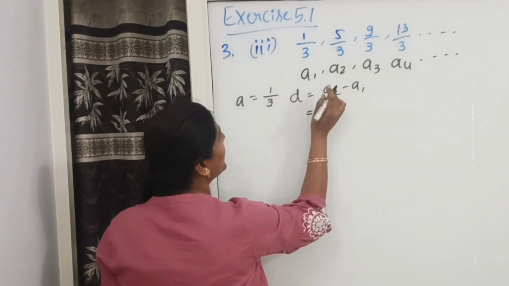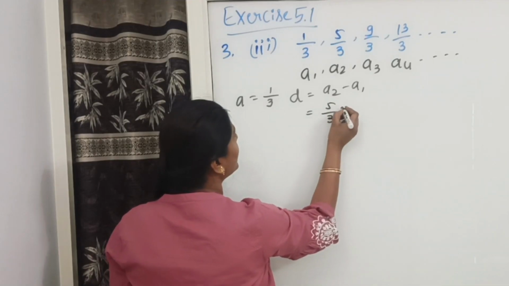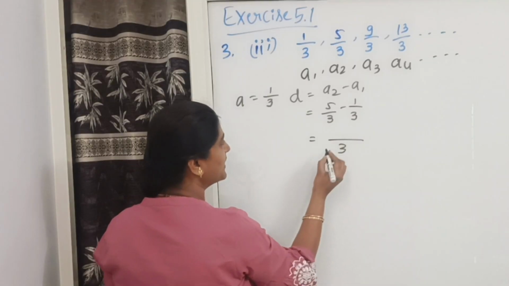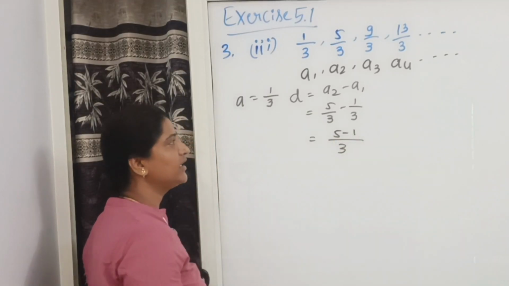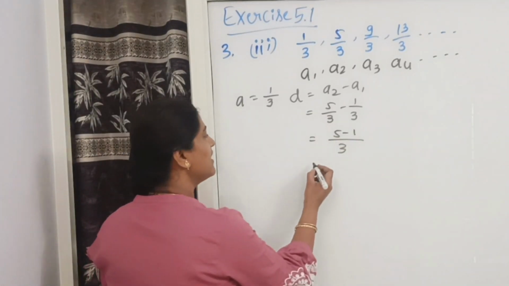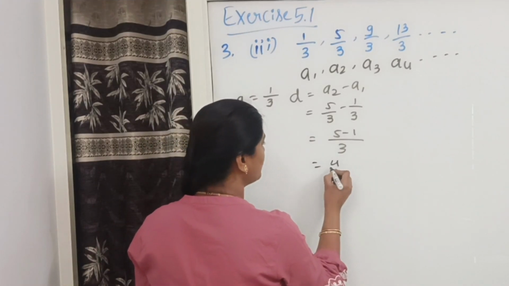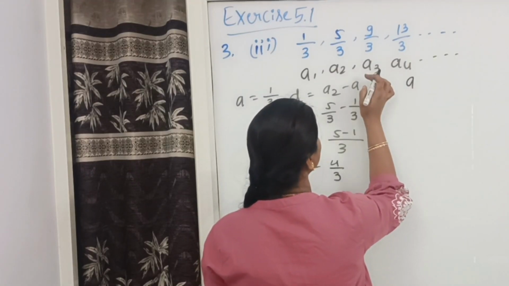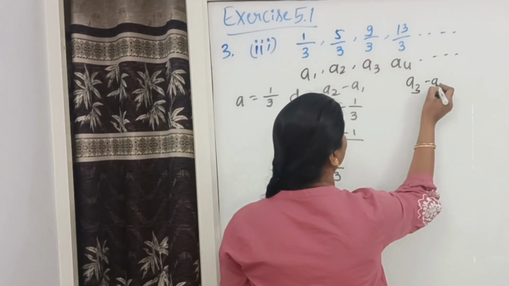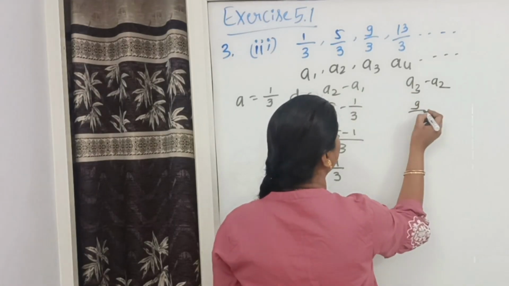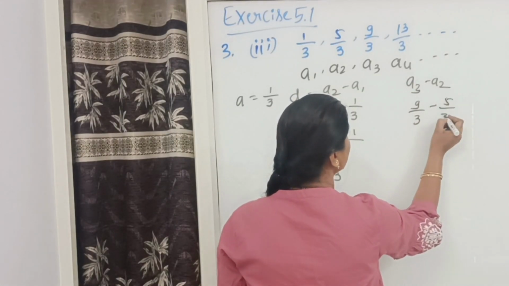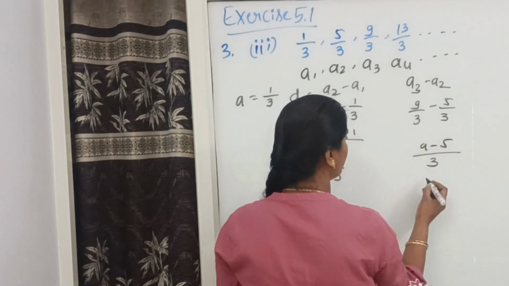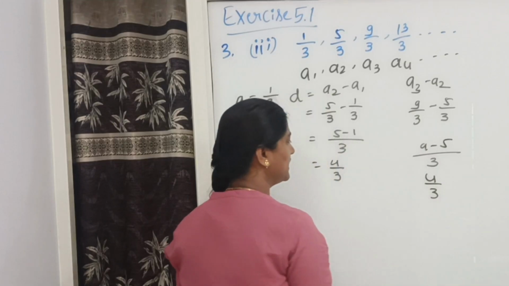How will you find the successive difference? A2 minus A1: 5 by 3 minus 1 by 3. If the denominator is the same, take it as common. Only the numerator we need to subtract. So 5 minus 1 is 4, so 4 by 3. The next successive is A3 minus A2: A3 is 9 by 3 and A2 is 5 by 3, keep the 3 as common, 9 minus 5, so this is 4 by 3.